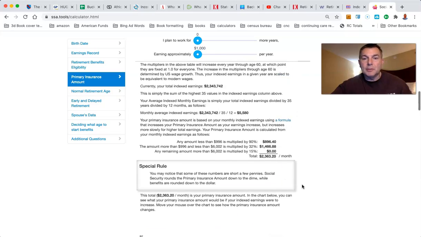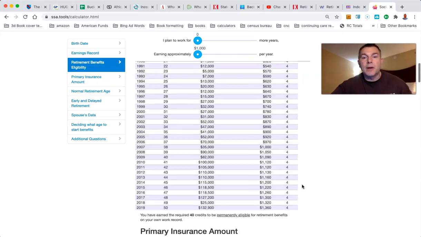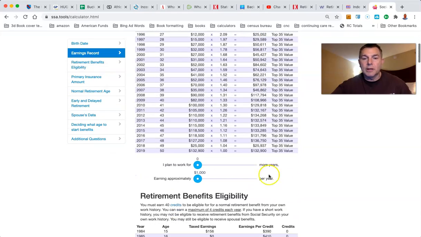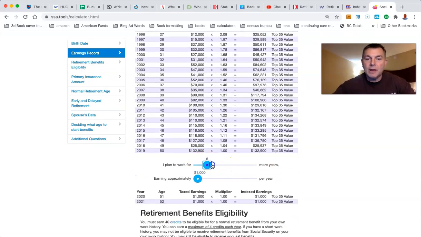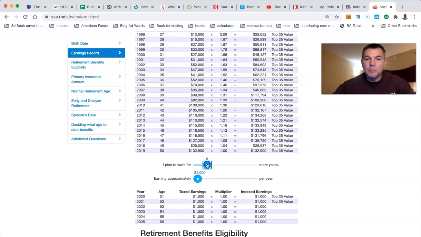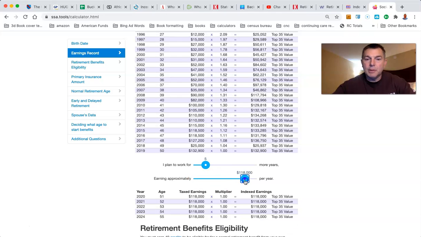But what if I were to work an extra 5 years? So it's okay, that's great, but I'm going to work an extra 5 years. So let's just say I work an extra 5 years, and I'm making good money. I'm going to make the max taxable that you can pay for Social Security. So I'm going to make $137,000 a year for the next 5 years. What does that do for my benefit?